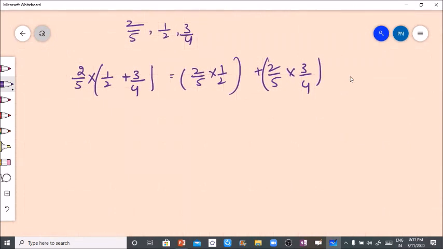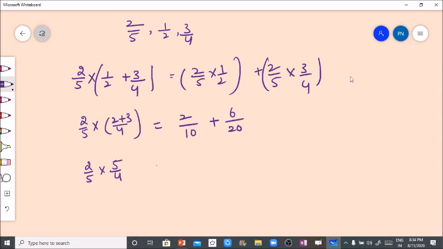Okay, I am going to check. Here 2 by 5 into, LCM of 2 and 4 is 4. 2 ones are 2 plus 3 equals 5 by 4. Then 2 by 5 into 5 by 4. Here I am going to take LCM.